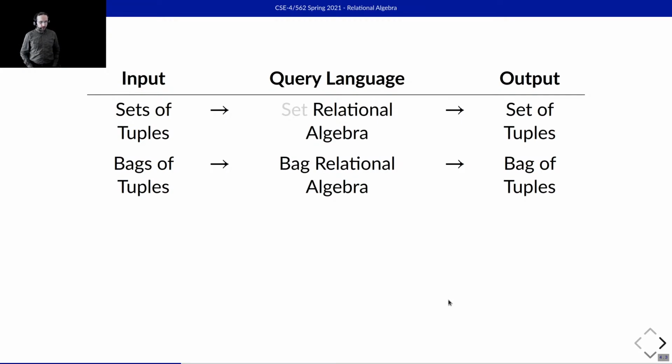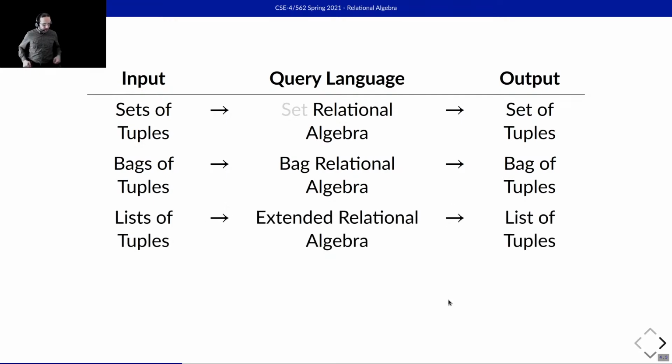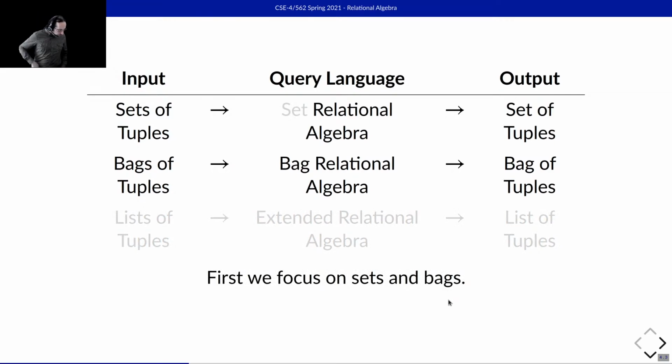List relational algebra. Harsh, you are very active here. Lists. Okay, well, that was a little bit of a trick question. We call it extended relational algebra. At any rate, we'll get back to extended relational algebra because there are a couple of additional complexities that come up when we're dealing with order.